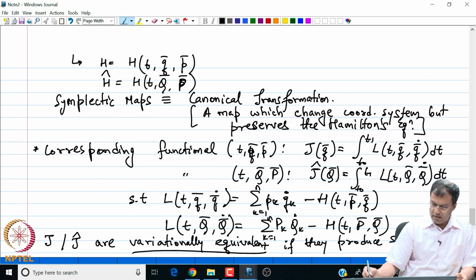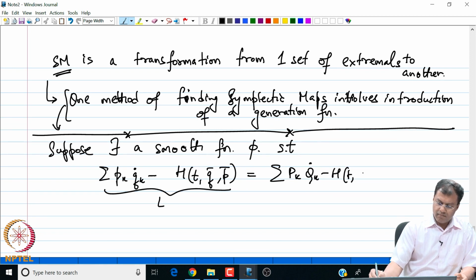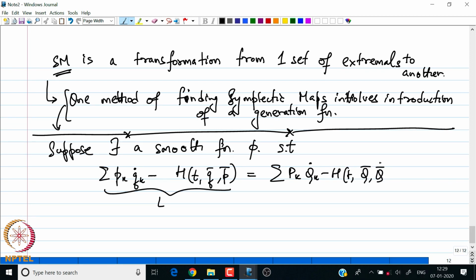So the Lagrangian in one frame is equal to the Lagrangian in the other frame, plus the derivative of phi with respect to t, comma p, comma q bar.